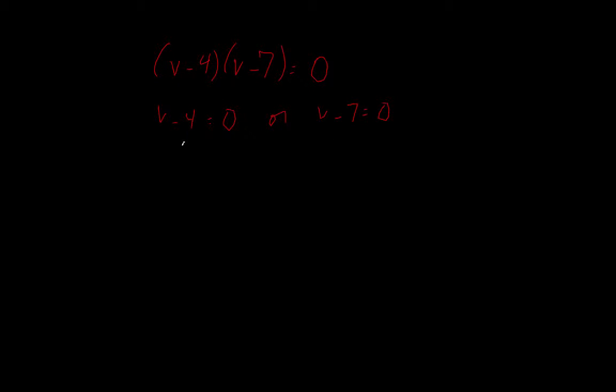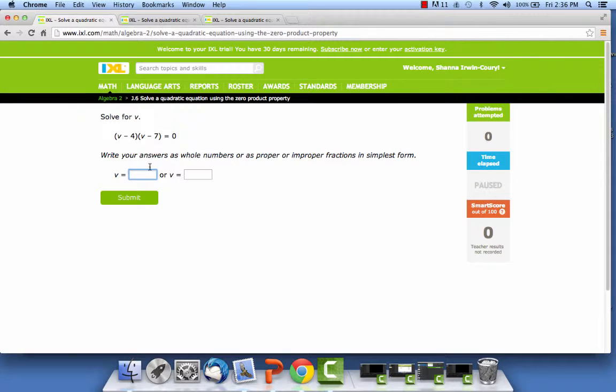Either one of these things will make it true. So in this case, adding 4 to both sides, b is 4, and in this one, adding 7 to both sides, b is 7. So the solution to this is b equals 4 or b equals 7.